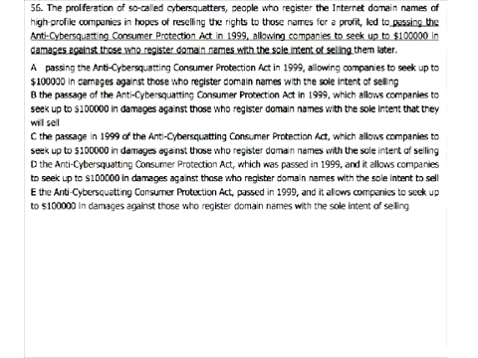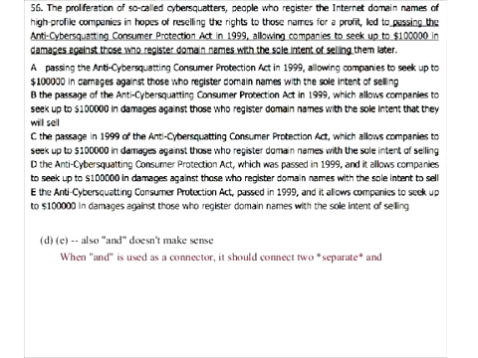Let's see, more things wrong with D and E. Also, "and" doesn't make sense. When "and" is used as a connector, it should connect two separate and independent things.